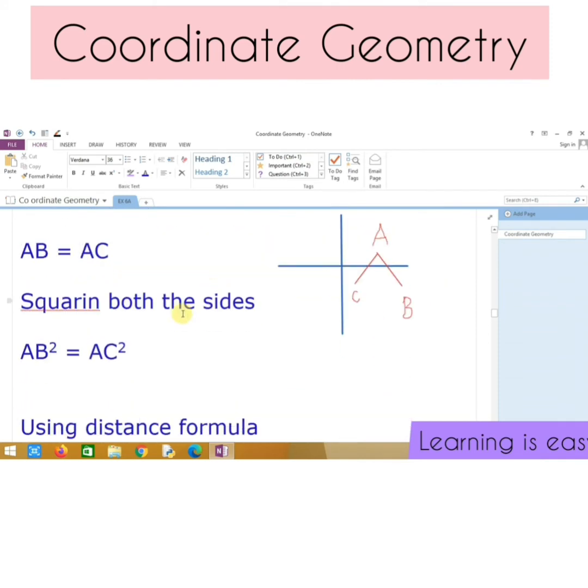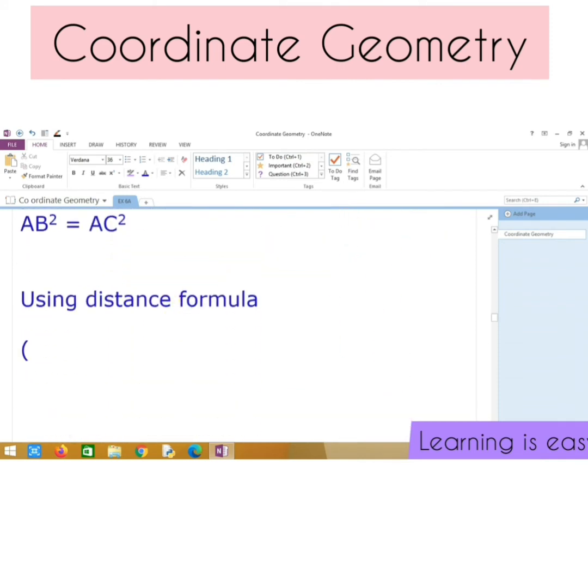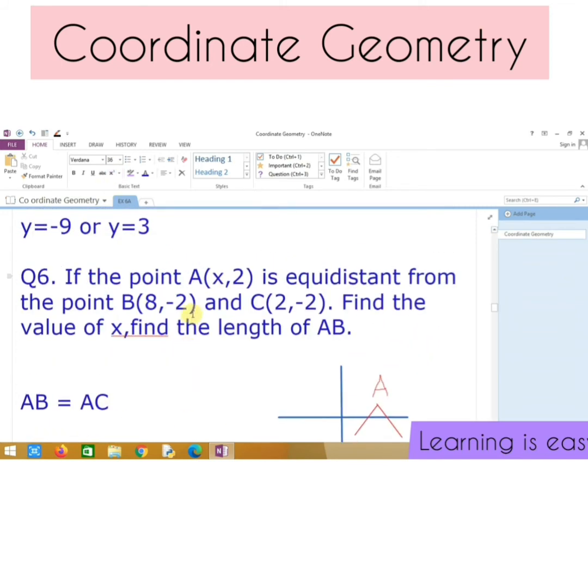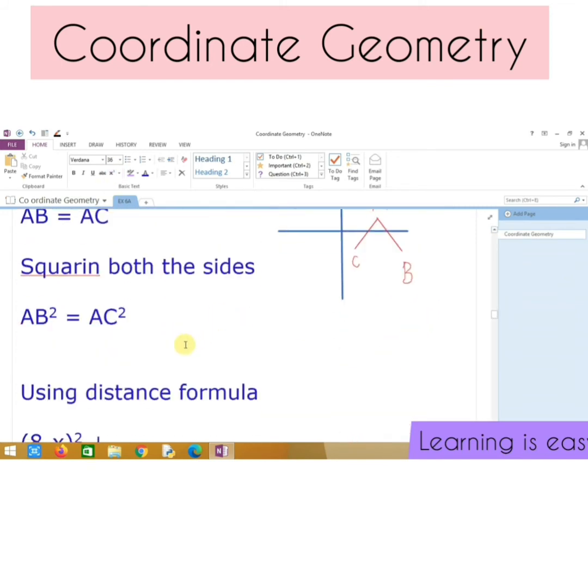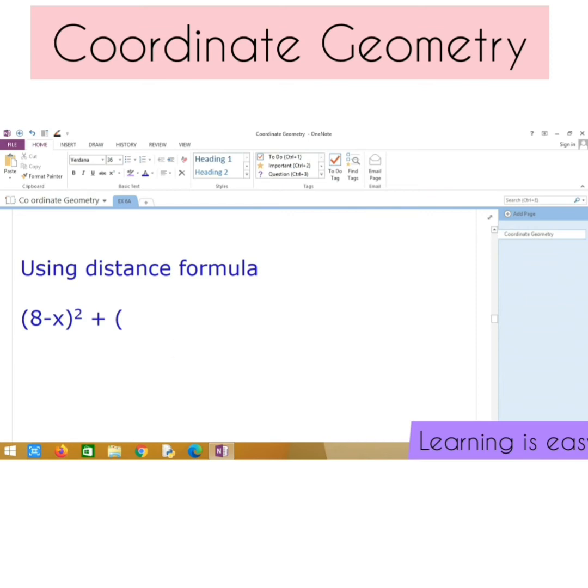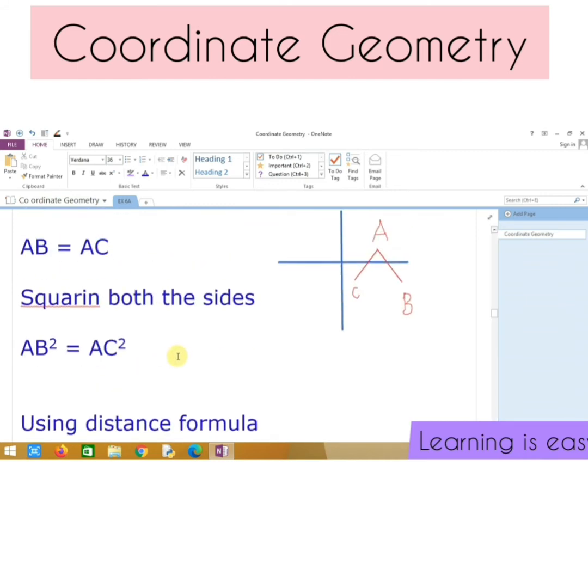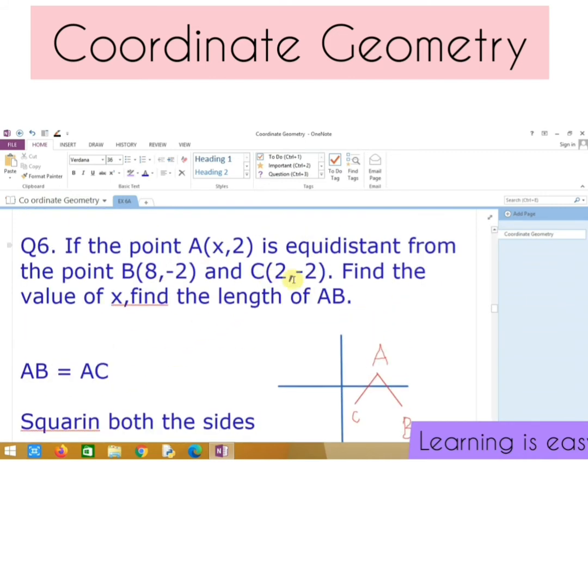So that's (8 minus x), the x coordinates of both A and B, whole square, plus the y coordinates, (2 minus 2), whole square, equal to AC square.